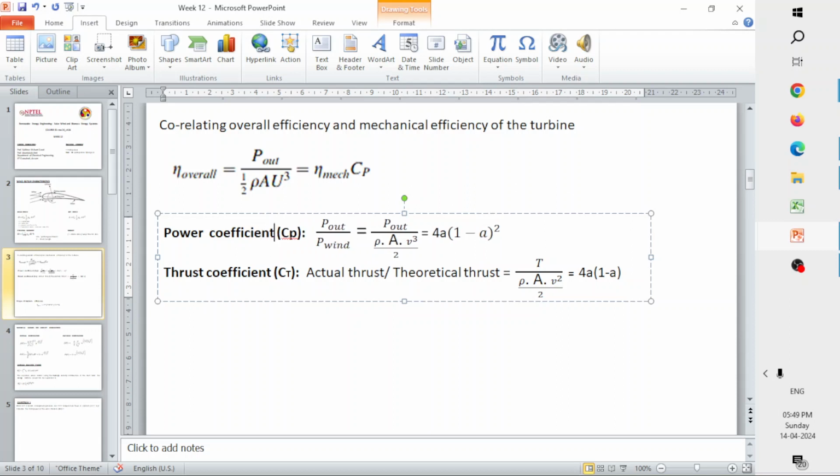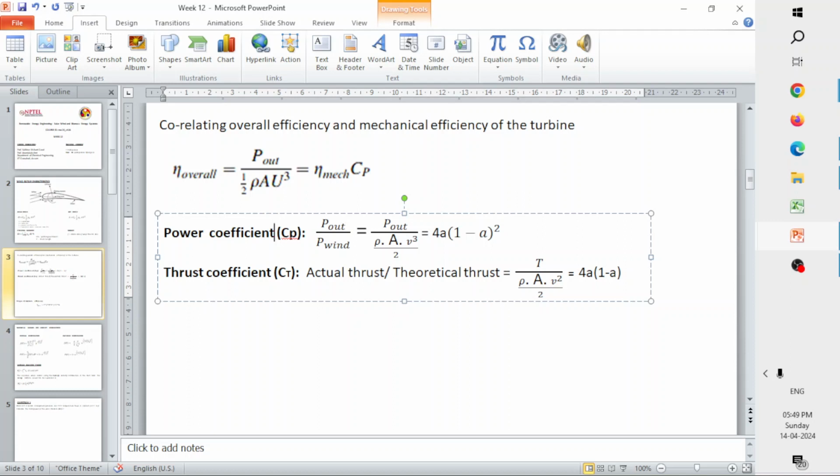So Cp, this is actually defined, if you remember, last class also we saw the definition. The value of Cp is defined as the ratio of the actual power delivered by your rotor to the amount of power available in your wind.